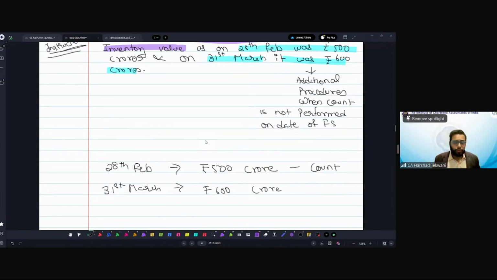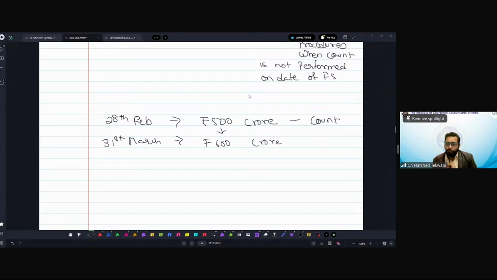From 500 to 600, what additional would you do? We will perform reconciliation calculations, and calculate back on the quantities, and check whether they conform with the quantities as they were recorded on 28th Feb. Whatever changes have happened during the period, like additional sales, purchases, or whether new manufacturing has been done, all that I will check. Yes, very good. Absolutely correct.